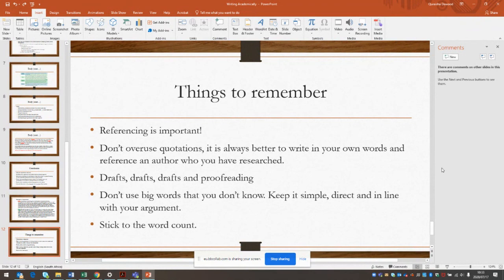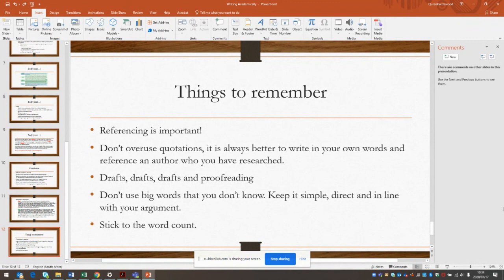No, I want to see that you understand what's being said, that you're using academic words, which I don't have to look up, but simple things like changing moving to emigrate, or bad to negative. So don't use big words that you don't know, because that confuses the reader and yourself, and sometimes might mean something completely different. And lastly, stick to the word count.